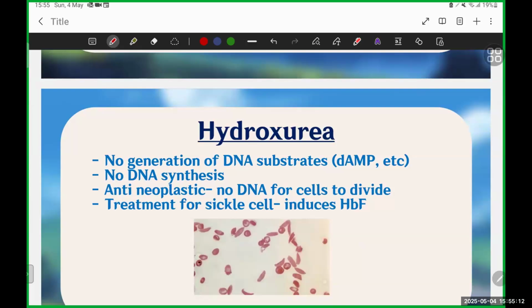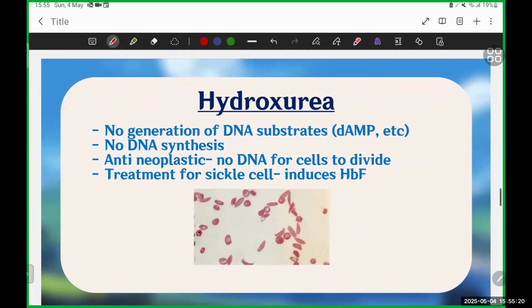This is used to treat sickle cell, which induces HbF. I think this may be the picture that was there, so I just put it here for you guys to see. It's pretty obvious, the blood is kind of shaped like a sickle, and it's anti-neoplastic. Again, it's anti-cancerous, because of the same thing. Most of the drugs here are anti-cancerous because, as we know, cancer cells replicate, they divide very, very rapidly.